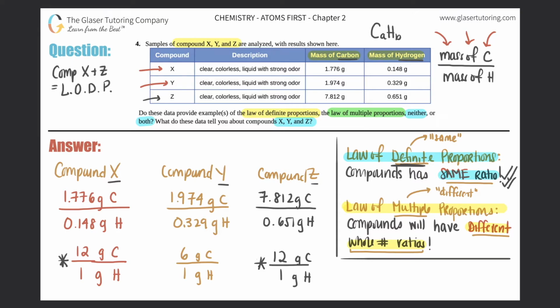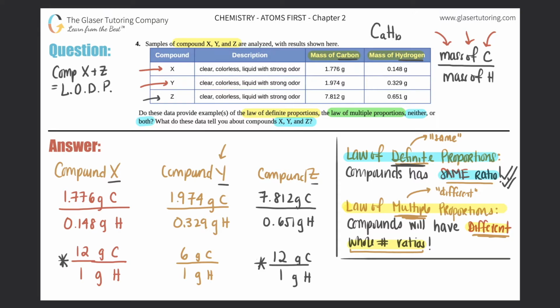But now, when you throw in compound Y, you get 6 over 1. Compounds will have different whole number ratios. That's the law of multiple proportions. Because if you took one of these and put them over the other, you would get either 1/2 or 2, right? That's a nice whole number ratio.